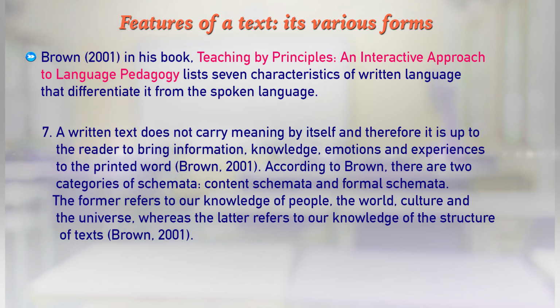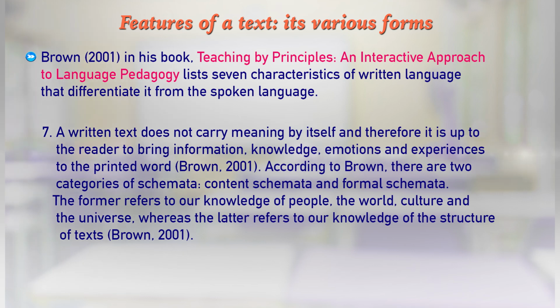And number 7, a written text does not carry meaning by itself, and therefore it is up to the reader to bring information, knowledge, emotions and experiences to the printed word. According to Brown, there are 2 categories of schemata: content schemata and formal schemata.